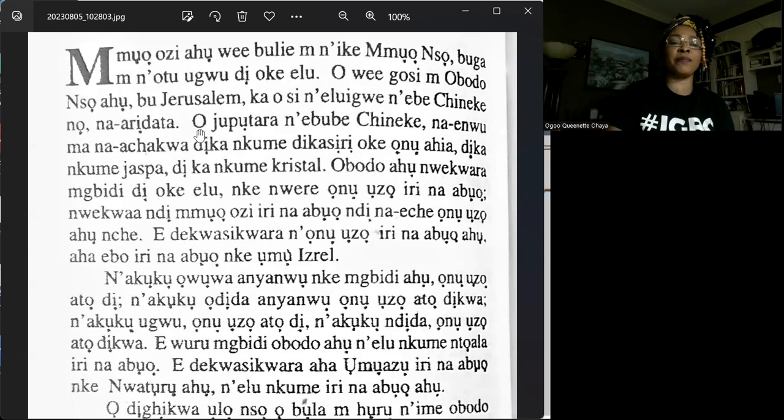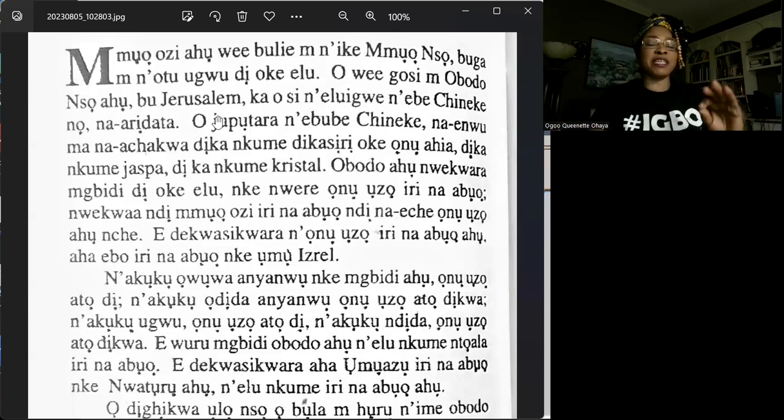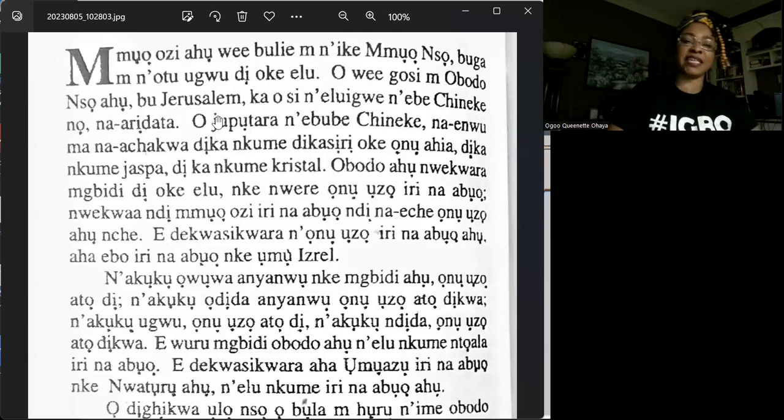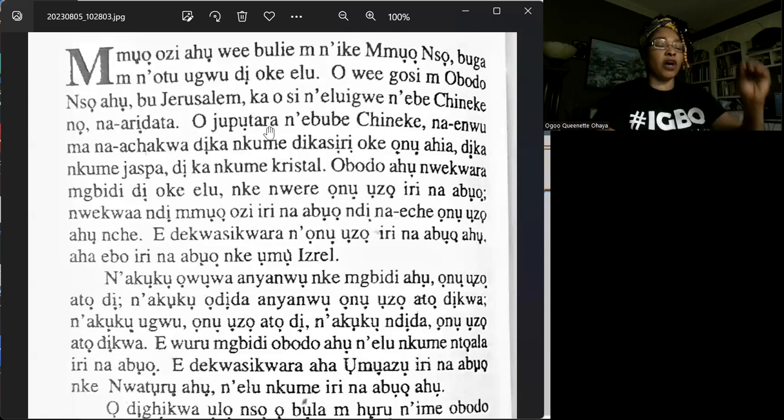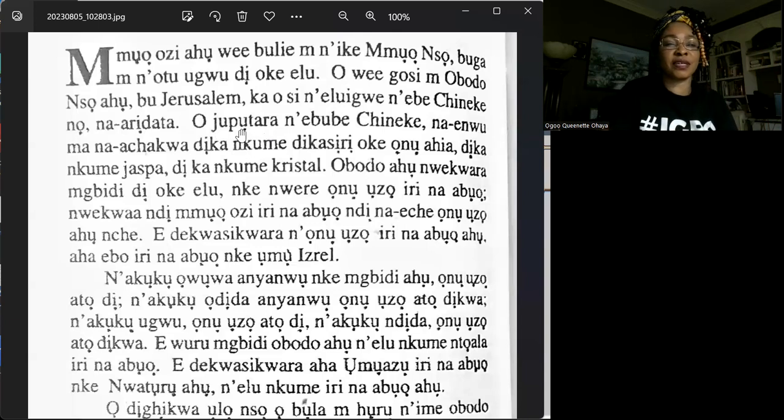Chineke. Okay, ngwa bido n'isi. When you hear me say bido n'isi, it means start from the beginning again, which is o jupụtara. O jupụtara, no, n'ebube. O jupụtara n'ebube Chineke na enu.